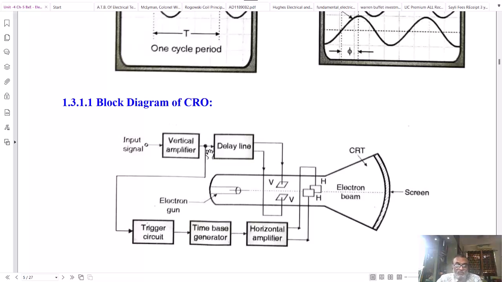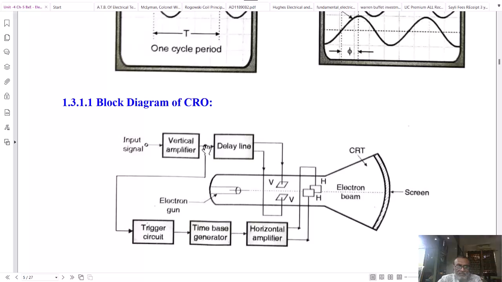The output of the vertical amplifier via a delay line is connected to the vertical plates. This vertical plate voltage is capable of deflecting the electron beam vertically.